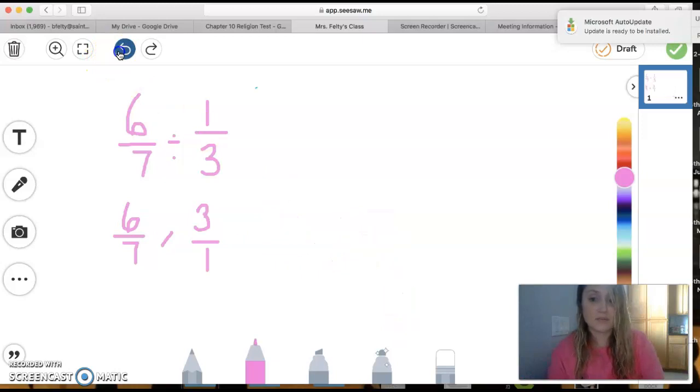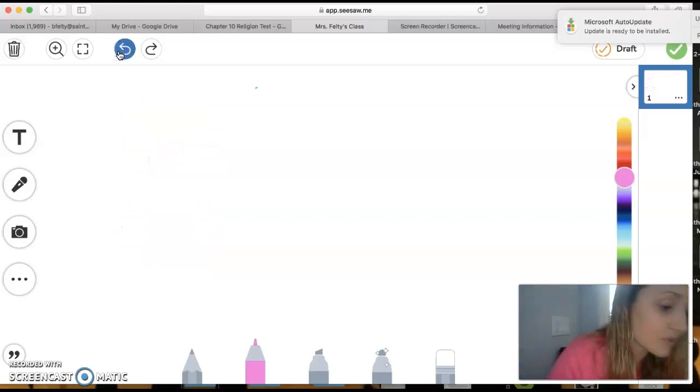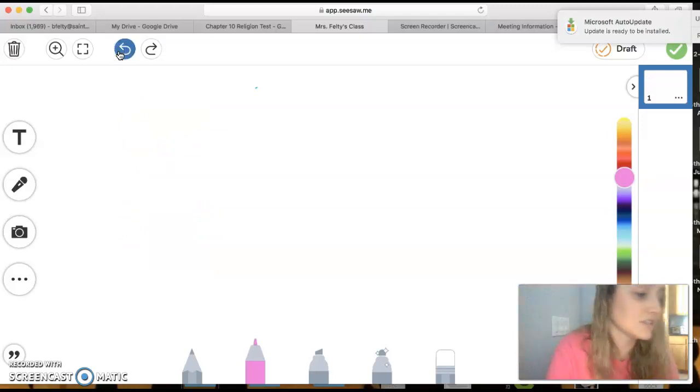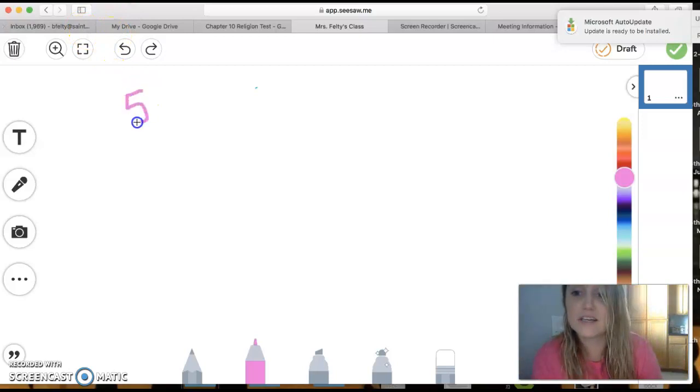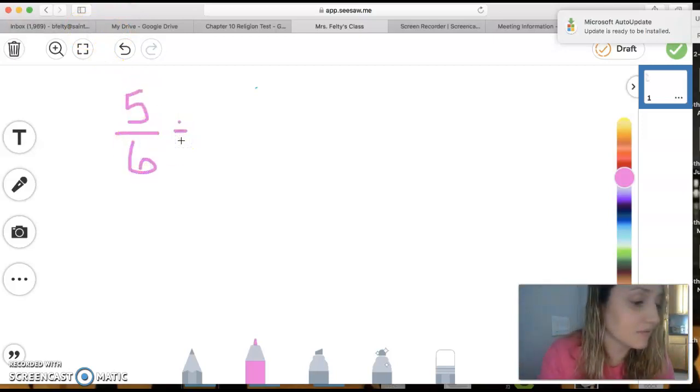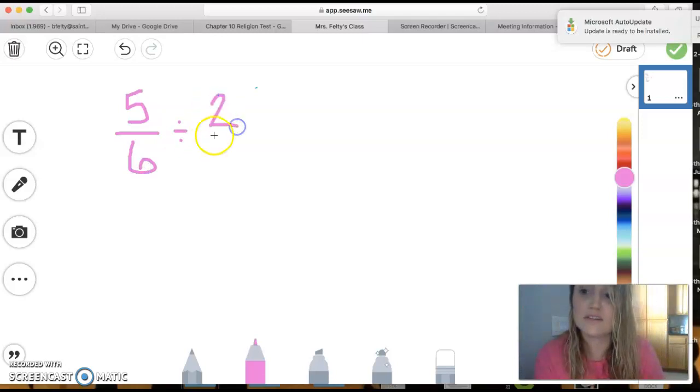Okay, and then I'll do one more example, and then that way you guys can get started. I'll do number 17. So we have 5 6 divided by 2 over 11. Okay, so again, find the reciprocal.